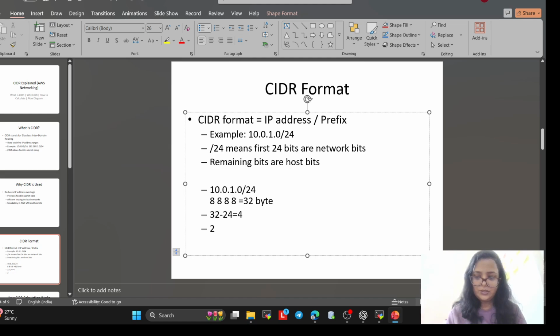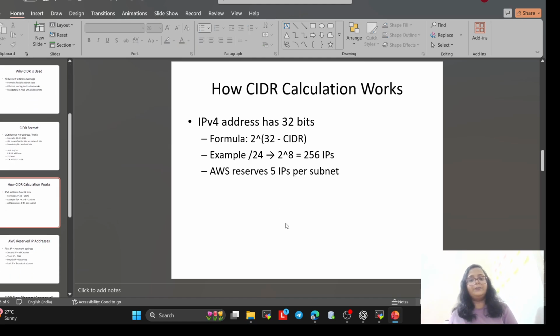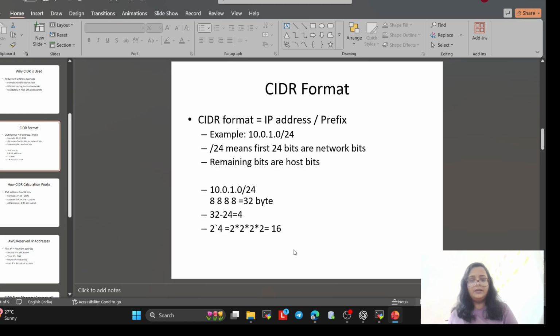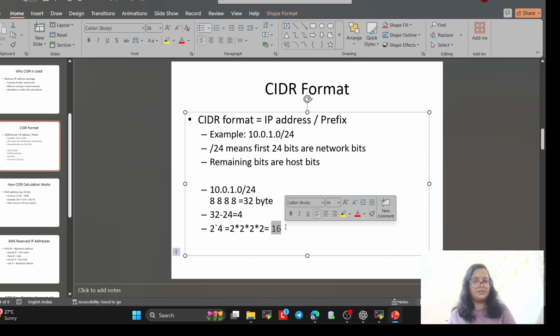Let me do it like this: 2 to the power 4 means 2 multiplied 4 times, 2 into 2 into 2 into 2. 2 times 2 is 4, 4 times 2 is 8, 8 times 2 is 16. So if this is 24, you will get 16 IP addresses.